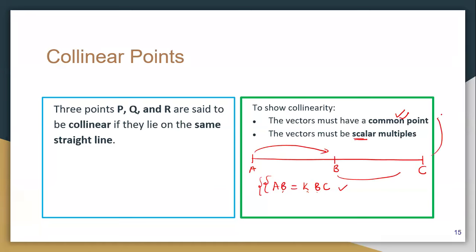But another person could have done it by saying AB is equal to a scalar multiple of AC. That one is also okay, whereby for vector AB and vector AC, as long as there is a common point. So for this case, the common point is A. So there is a common point and there is a scalar.